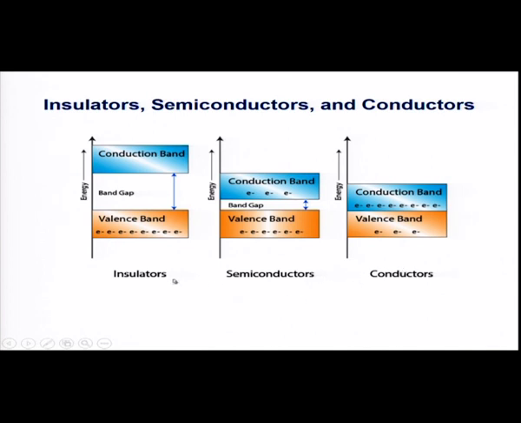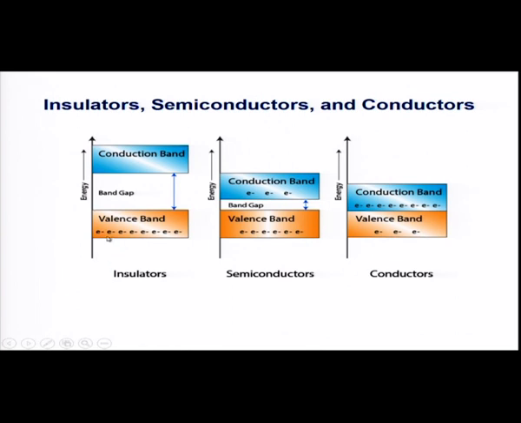Whether it is an insulator, a semiconductor or a conductor, there are two kinds of band, the valency band and the conduction band. The valency band will be at the lowermost and the conduction band at the uppermost. Between these two bands there is a gap, and this gap is known as the band gap, and the y axis represents the energy.